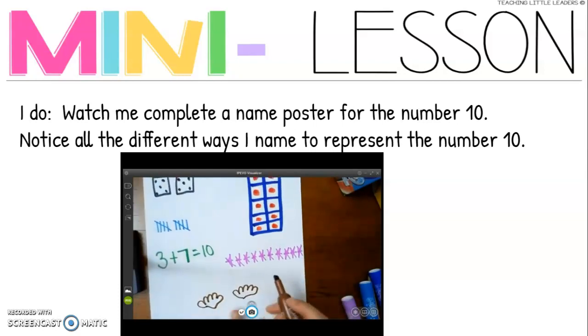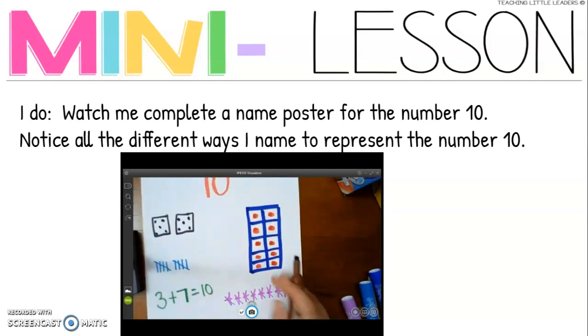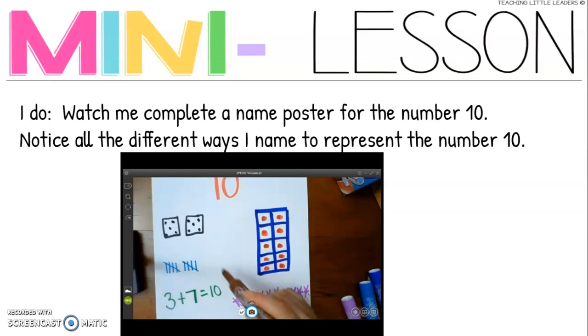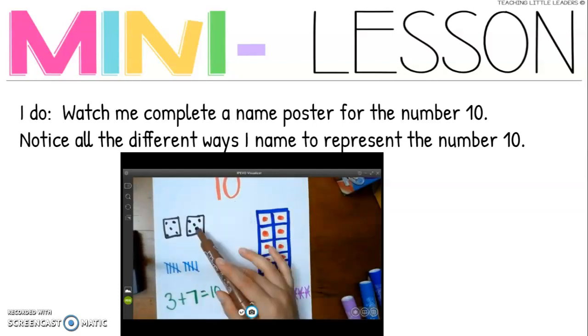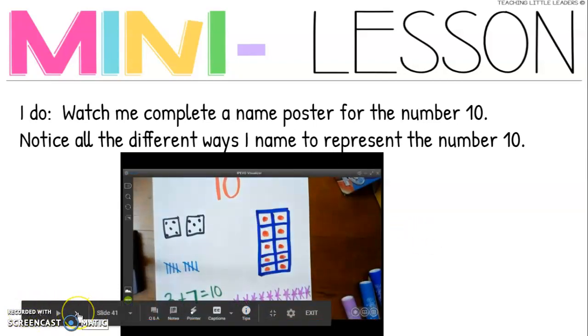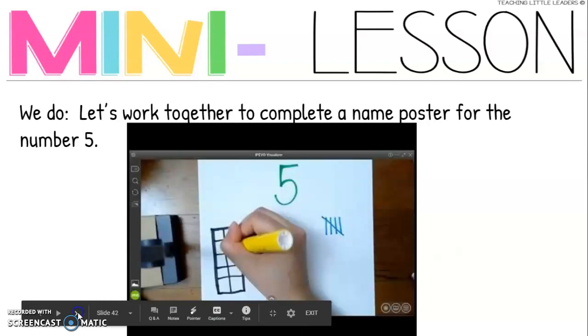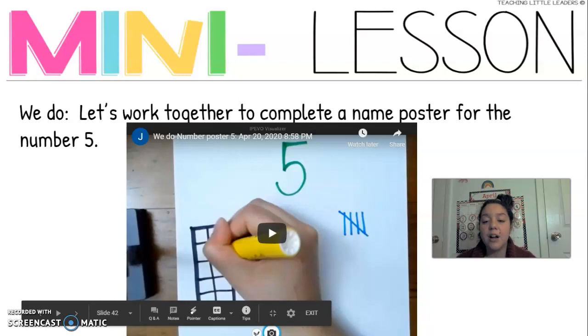So, with my terrible drawing, I made 10 fingers. So, boys and girls, this is how we make a number poster to show a bunch of different ways to make the number 10. Good job, boys and girls. Thank you for following along with me.